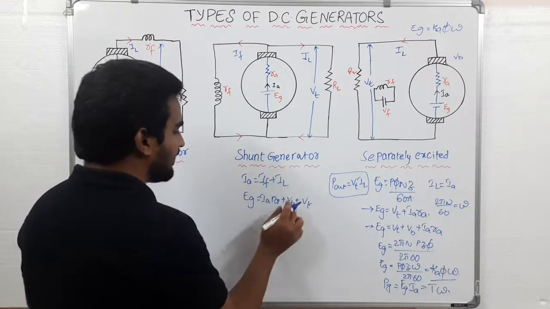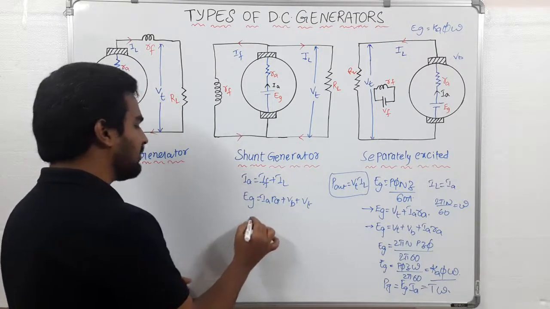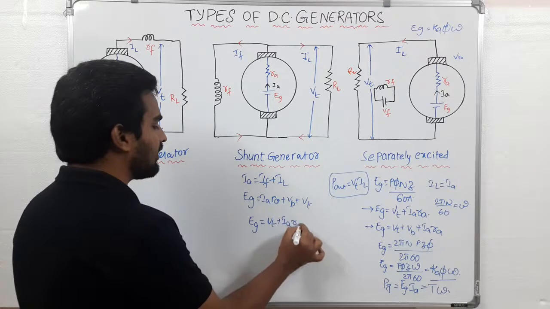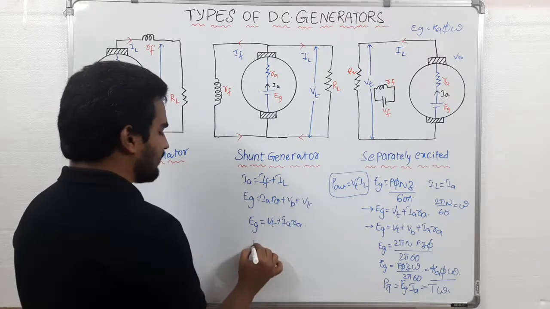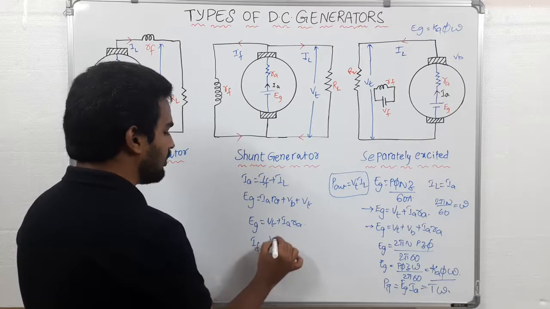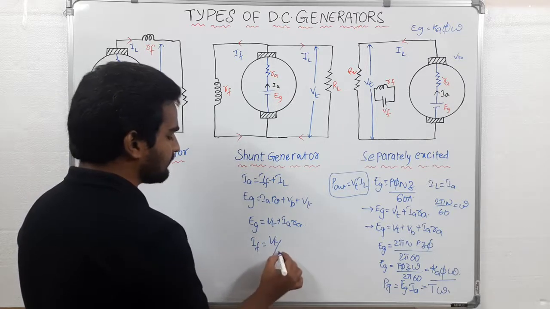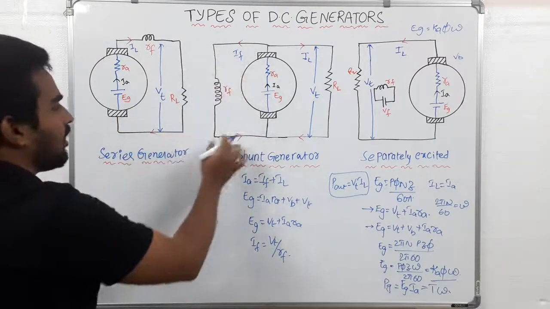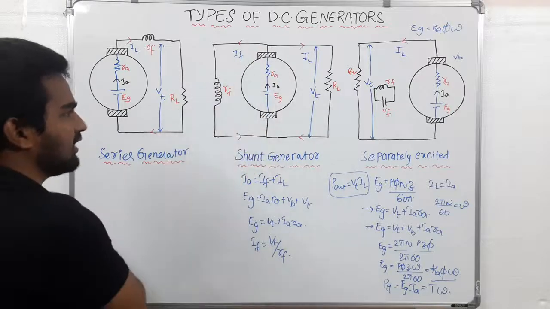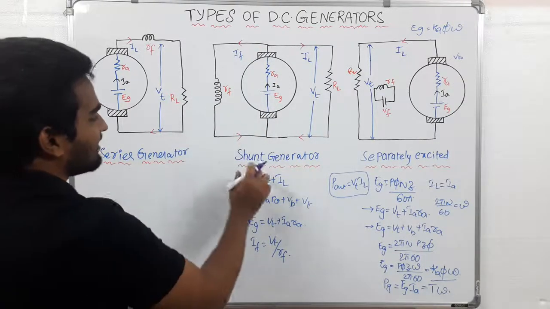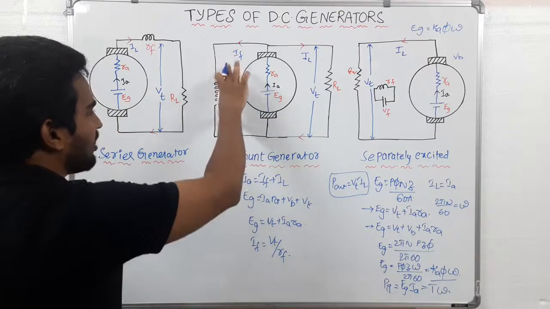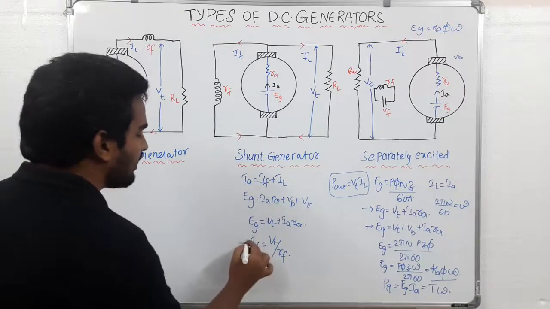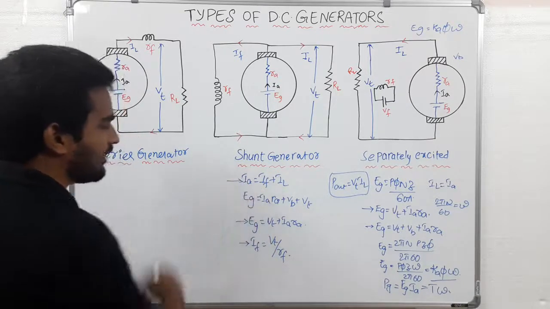If we neglect the voltage drop across the brushes, Eg will become Vt plus IaRa, and field current If equals terminal voltage Vt by field resistance Rf. The field resistance is connected across the armature of the machine, so it is called a shunt generator, and the voltage across the field resistance is Vt. So If equals Vt by Rf. Very important equations 1, 2 and 3.